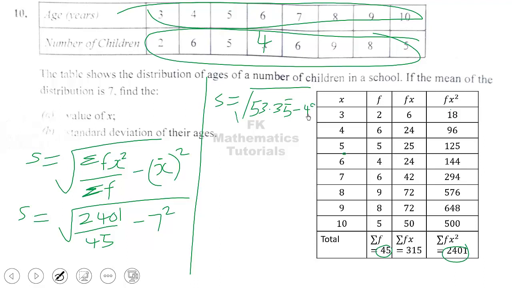Minus 49. So s will be equal to square root of that minus 49. So that will be equal to 4.35 recurring. So the 5 is recurring. You can put a bar there and put a bar at the top to show that it is recurring. So square root of this answer.